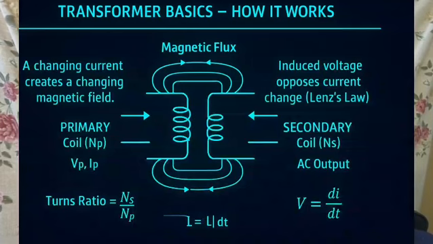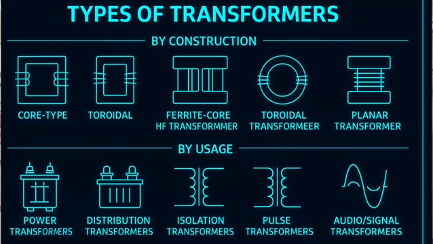The basic working principle of a transformer is that an AC in the primary coil creates a changing magnetic flux in a core, which induces AC in a secondary coil, right? When we talk about different types of transformer, as I said in my previous video, I'm classifying based on the construction and based on the usage. Based on the construction, it is made with what type of core: shell type, toroidal transformer, and planar transformer.